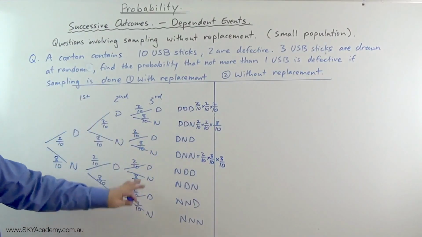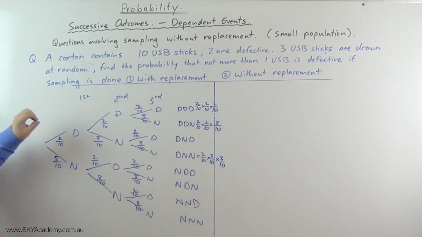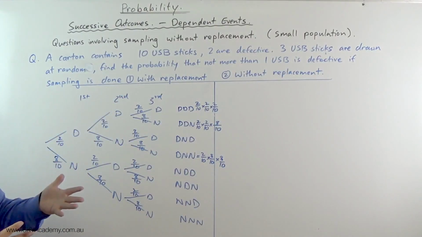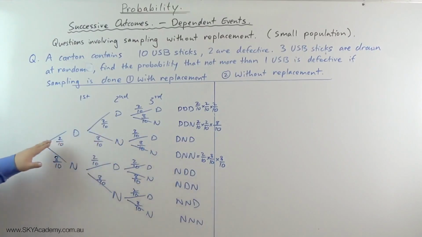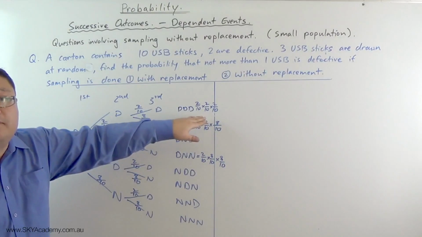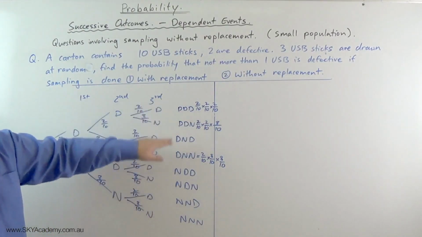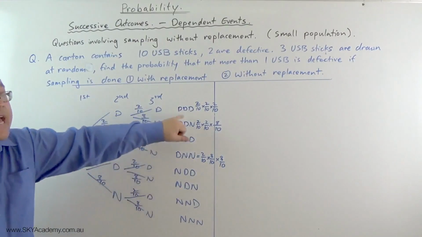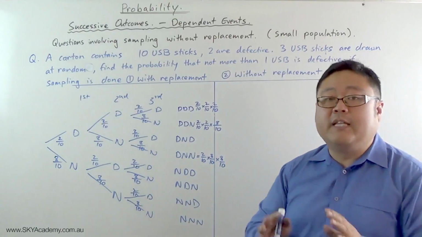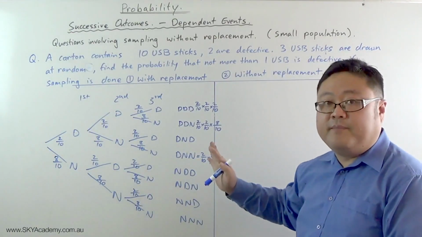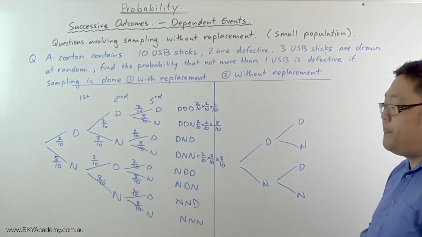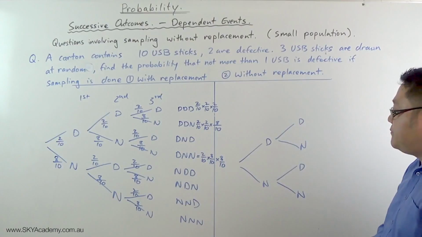So, do you see how choosing 3 random samples with replacement is very similar to what we've done before? The probabilities don't change. We just multiply as we go across to find the probability of a multi-stage outcome. And then if we were to add 2 or more of these outcomes together, we would add the probabilities together as well. Got that? When it comes to without replacement, it's going to be slightly different, okay? It's going to be similar up until there, right?